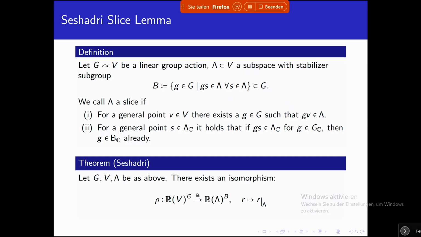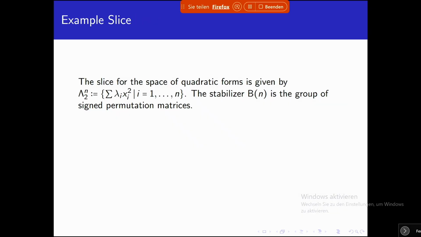And in our case, of the even degree symmetric polynomials, we find a very nice slice. So I'll just do the example for degree 2, because this is easy to see, and it also encapsulates everything. So in degree 2, we're just looking at the space of quadratic forms, right?